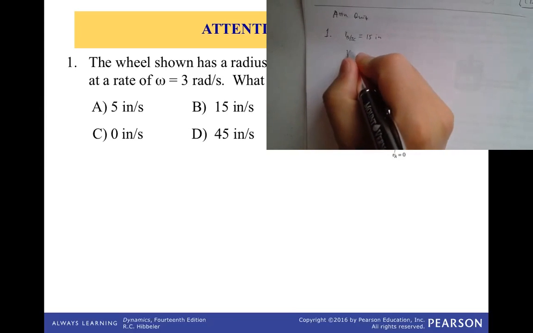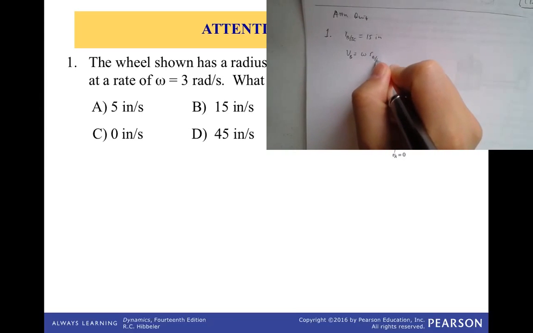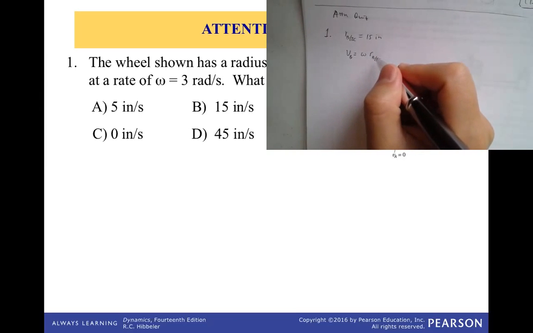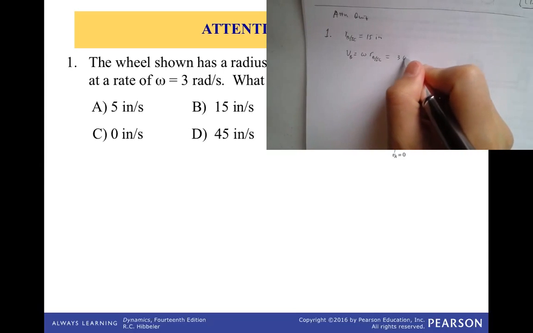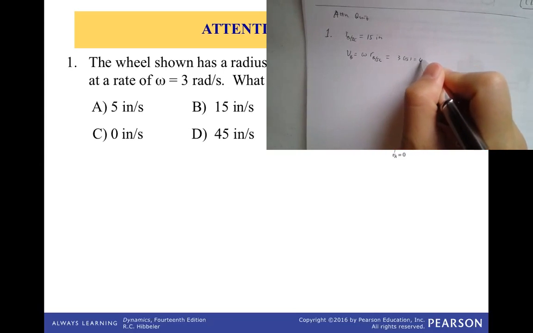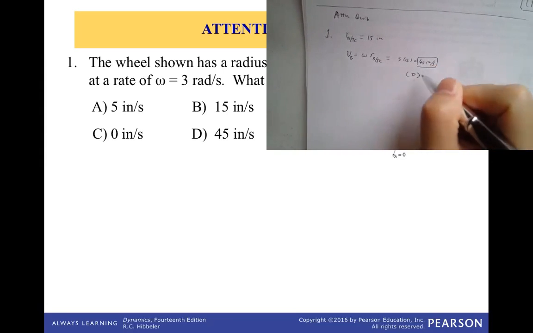Then your VB should be equal to omega times RB with respect to the IC. That should be 3 times 15, which is 45 inches per second. So this is D here.